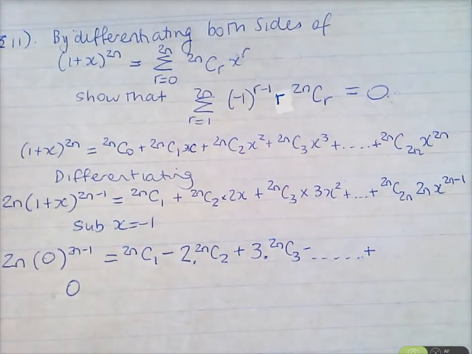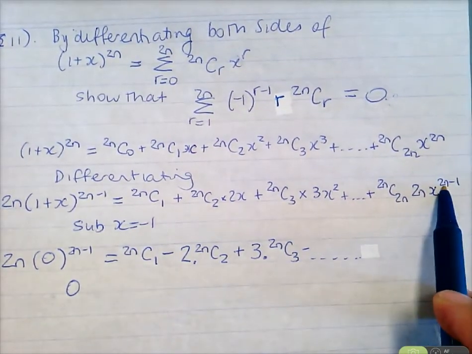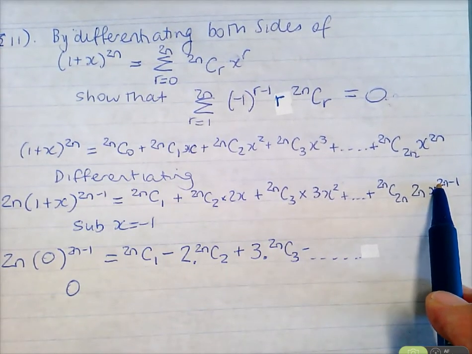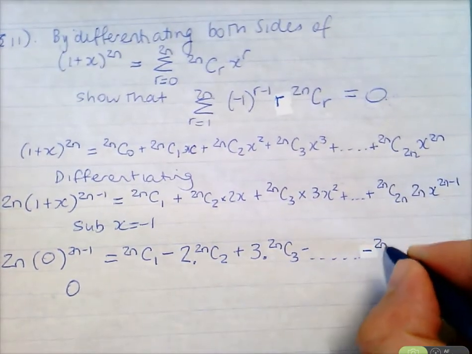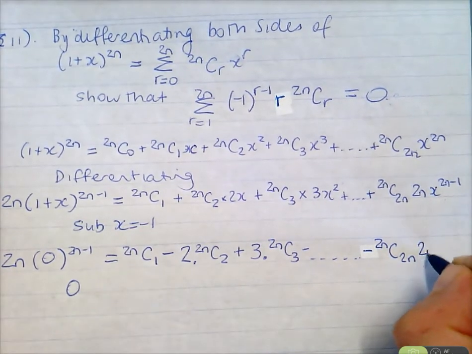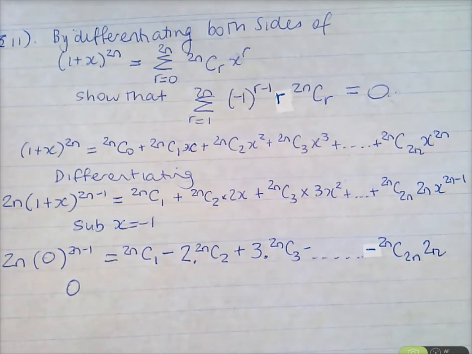The last term actually will be negative, because if n is a whole number, say like 10, it'll be 20 minus 1, 19, so -1 to the odd power is negative. The last term is negative. And it'll just be 2n, because you'll get -1 to some odd power, because n is a whole number.